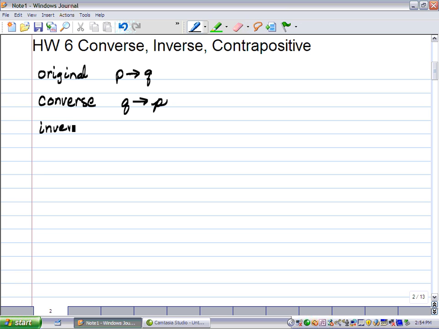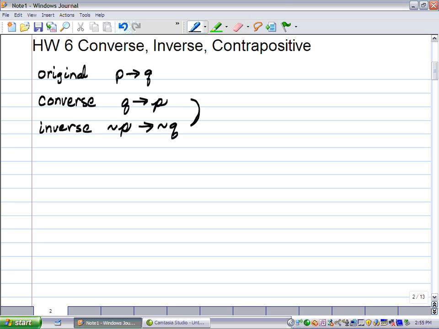The inverse of the original statement, now realize I'm going back to the original, the inverse is to change each part to its opposite. It's negation. So the opposite of P would be not P, implies, and what's the opposite of Q? Not Q. The inverse is also not the same as the original.